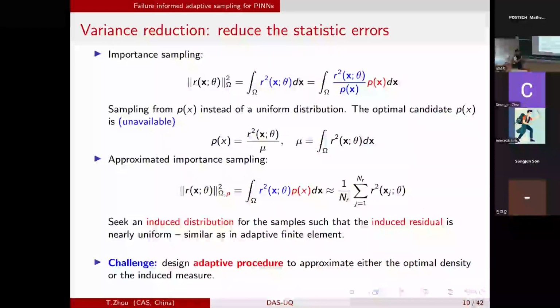But in each step, you actually have an approximate residue, which is related to the optimal density there. So you have to change the density step by step. After each iteration, I mean here the adaptivity iteration, not the training iteration for the neural network SGD, in each iteration you have an optimal way to sample.